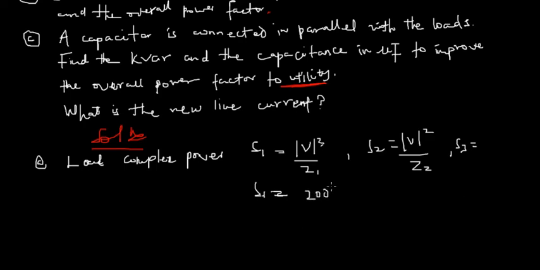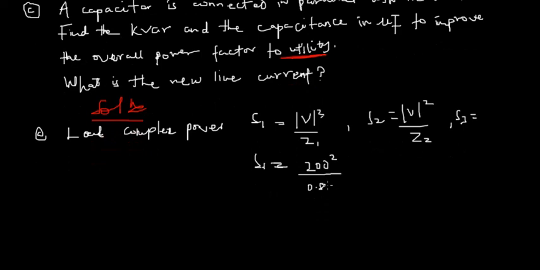So we have 200 squared divided by 0.8 minus j5.6, and when you compute this, you end up with 1000 plus j7000 VA.